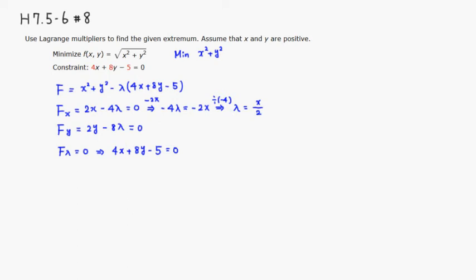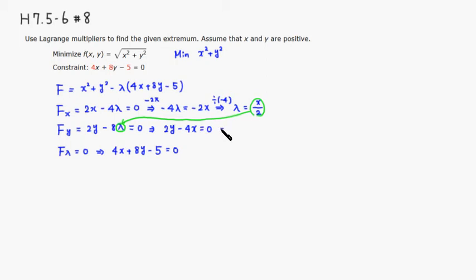Then we're going to plug this, lambda being the same thing as x over 2, into the second equation. So you will get 2y minus, by negative 8 divided by 2, so it's negative 4x equal to 0.